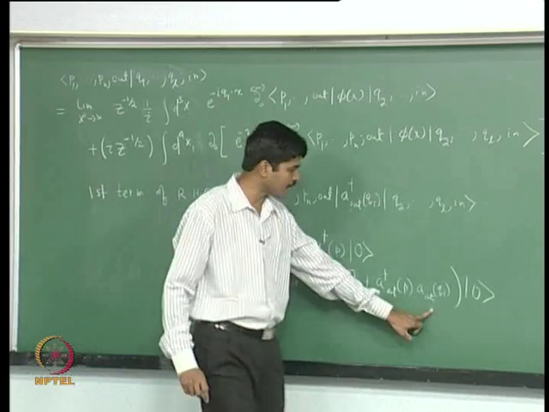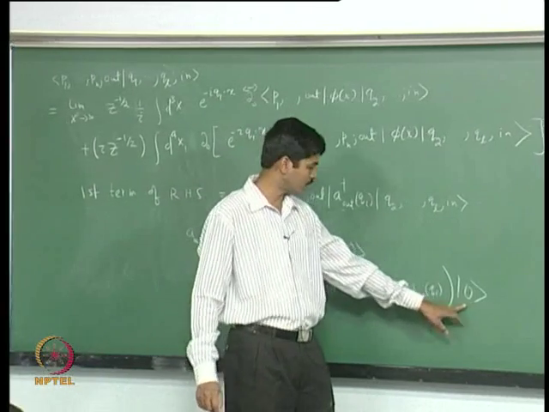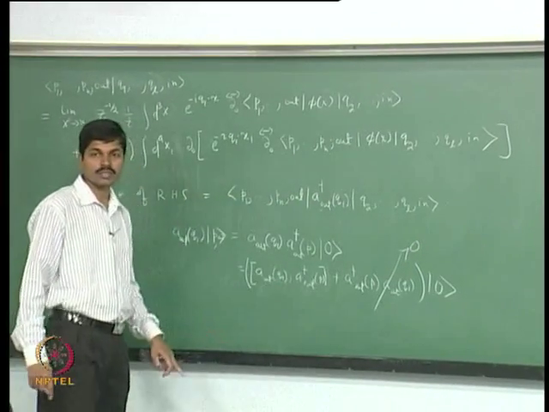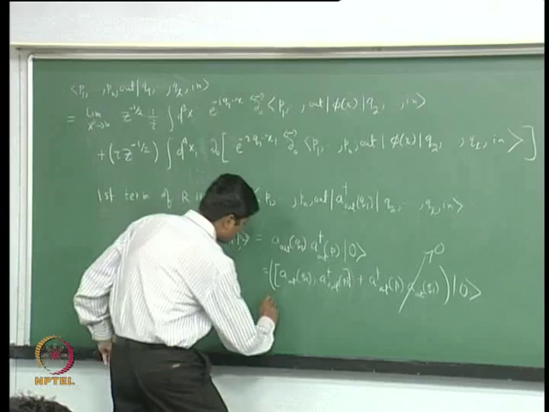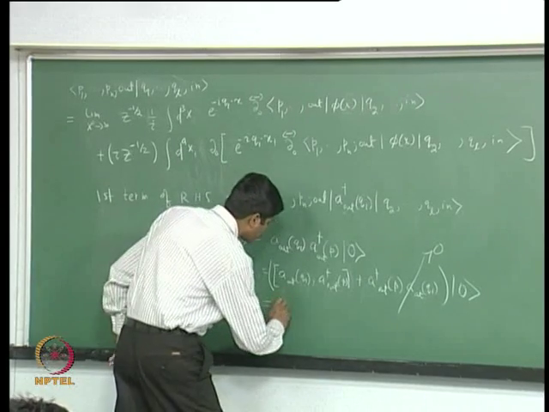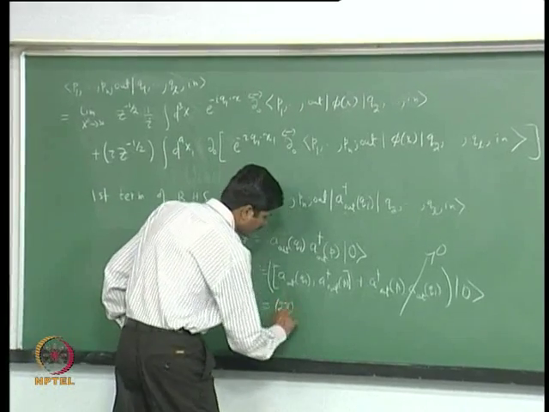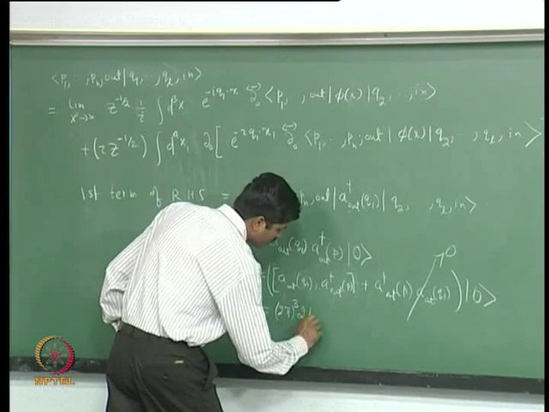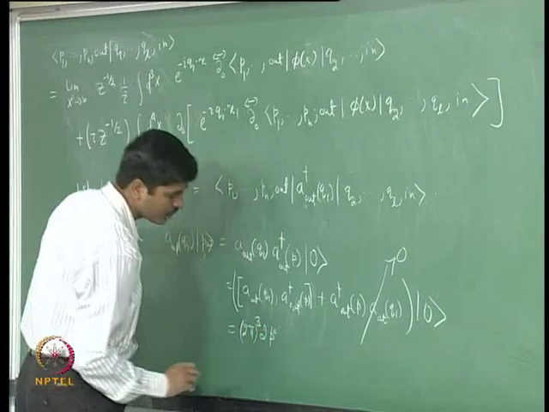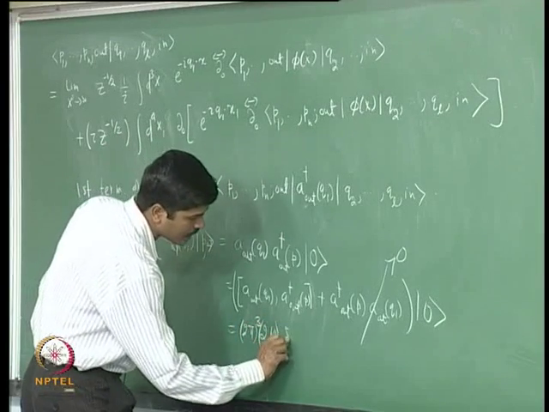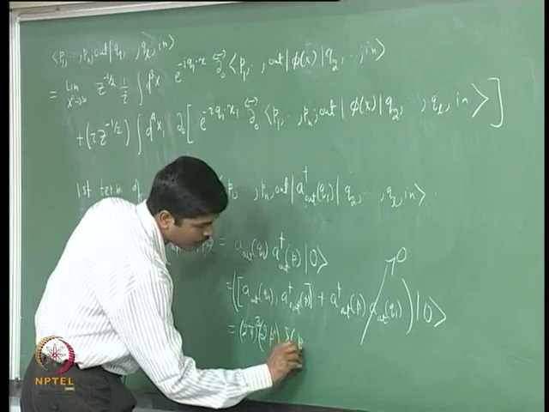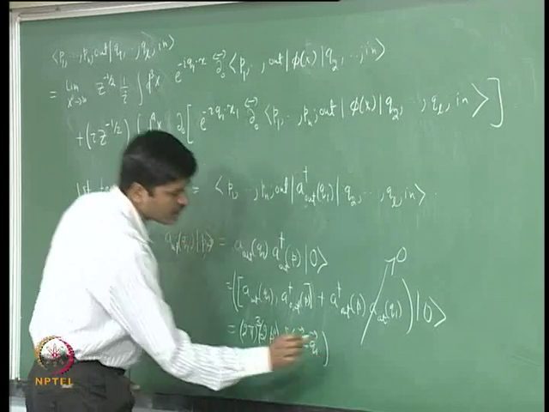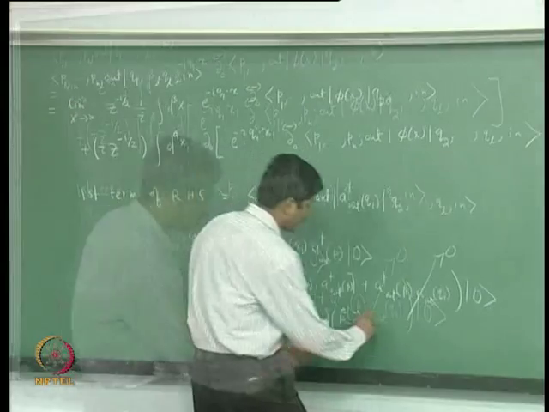But this quantity will annihilate the vacuum, so the second term will give you 0. The first term is a c-number. We are using the canonical commutation relation, where this is equal to (2π)^3 2p^0 times delta of p minus q1, times the vacuum state.